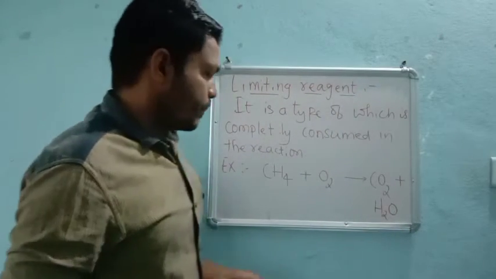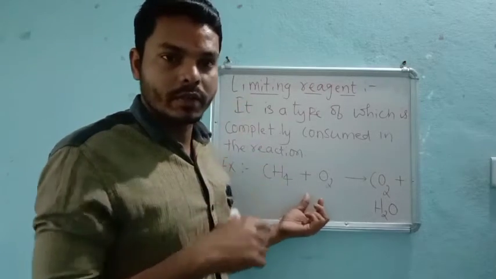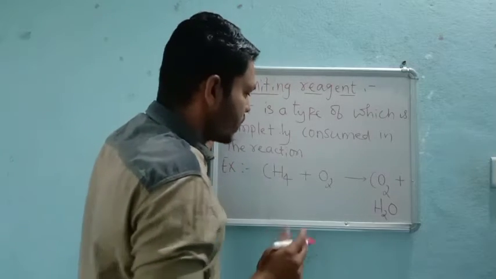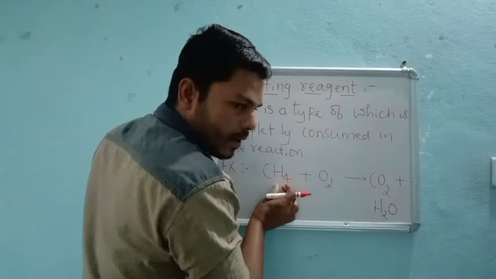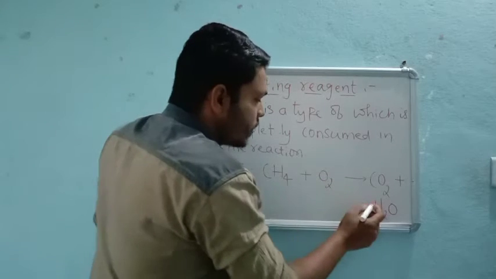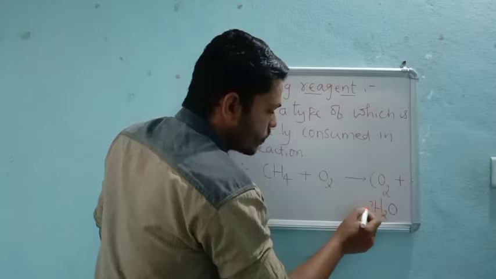So now this reaction we have completed in a balanced equation. Balance the hydrogen, and definitely we can automatically balance the oxygen. How many hydrogens are there? 4, that means 2 twos are 4.